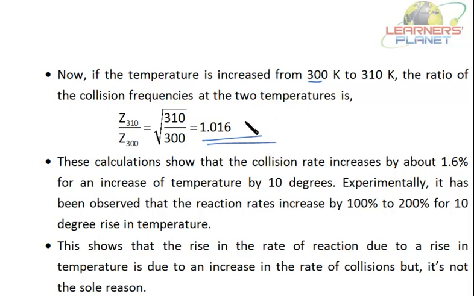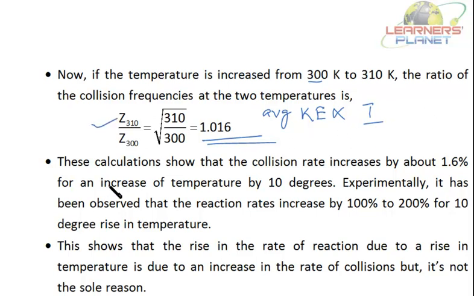Fine. That is, we can say that average kinetic energy is proportional to the temperature. Now if I am taking up the kinetic energy, the average kinetic energy is directly proportional to temperature.